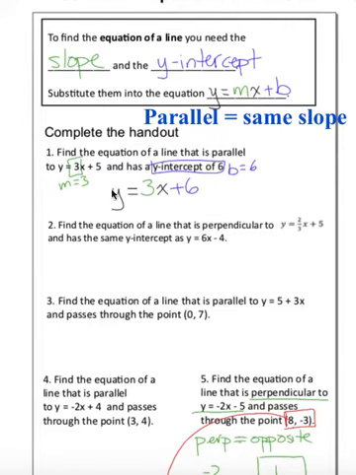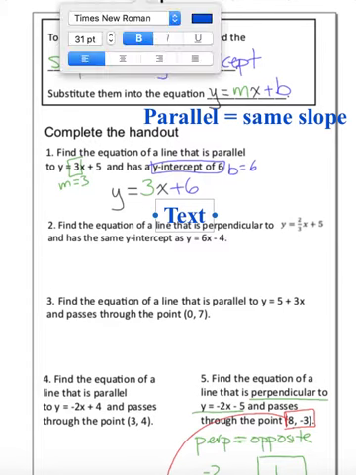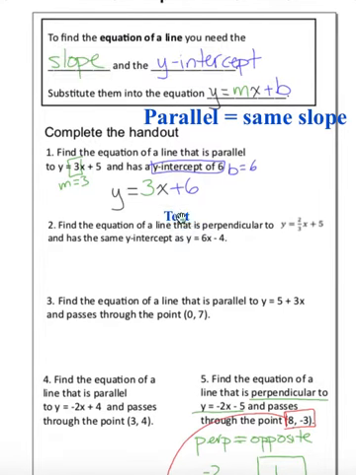Now find the equation of the line that is perpendicular to this here. Perpendicular means we need to flip. We need to change the sign and flip the fraction.